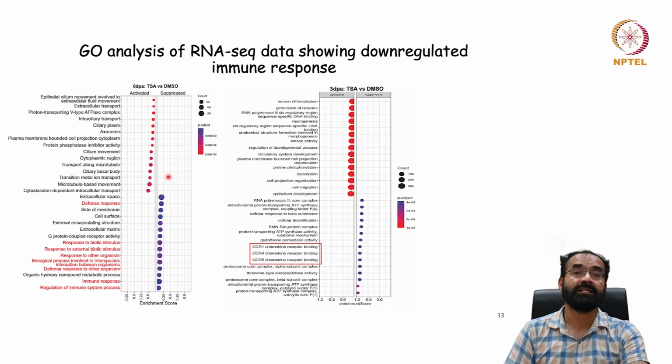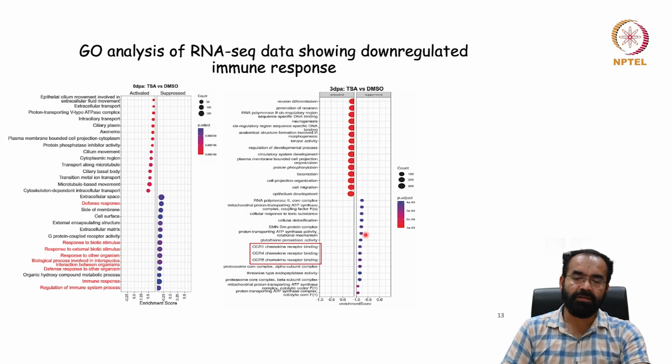As you can see in this gene ontology analysis, the red color highlighted terms, defense response, response to biotic stimuli, and a lot of genes are downregulated because of TSA treatment.